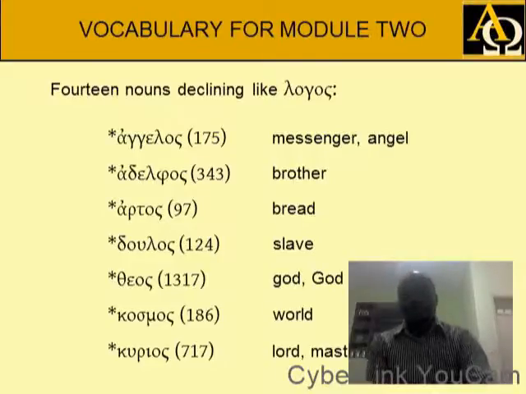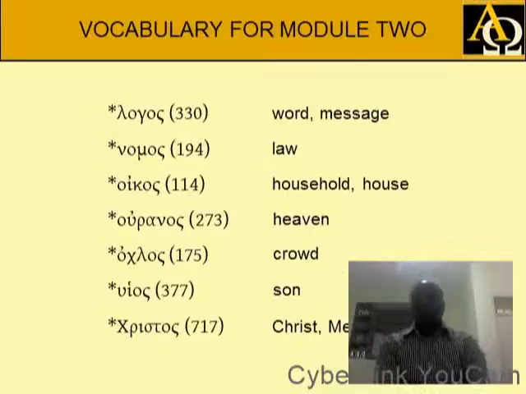Kurios is Lord or Master. Logos, word or message. Nomos is law. Oikos is household or house. When we were talking about the diphthongs, the diphthong oi came up, and oikos is household. Uranus is the heaven.